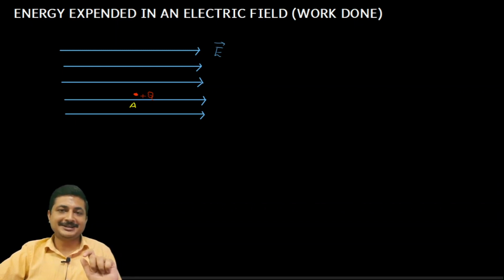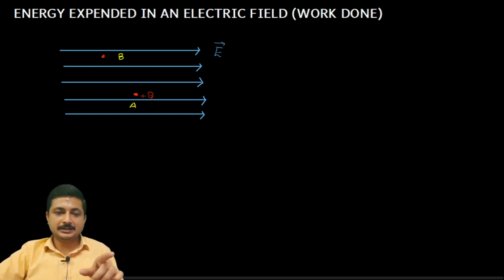I am going to keep this second point, where I need to move this charge, somewhere here, and I am naming it as point B. So my intention now is to move the charge from where it is, that is from point A, to point B.